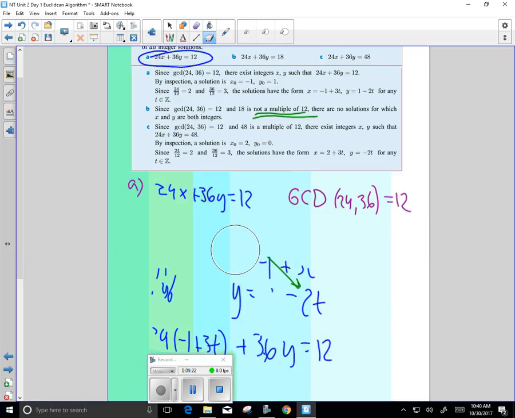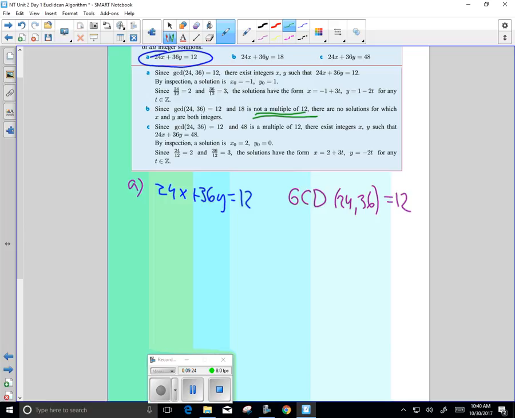Find all the solutions for knowing just t, finding all the possible solutions. So for part C, you have 24, 36, and this is equal to 48. Okay. The greatest common divisor is 12. Is 12 a multiple of 48? Or is 48 a multiple of 12?